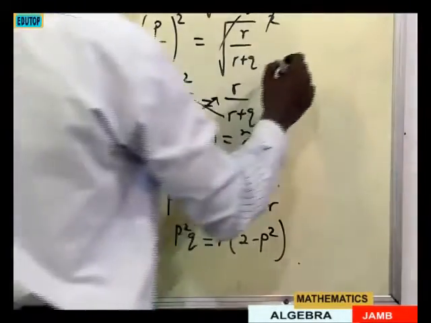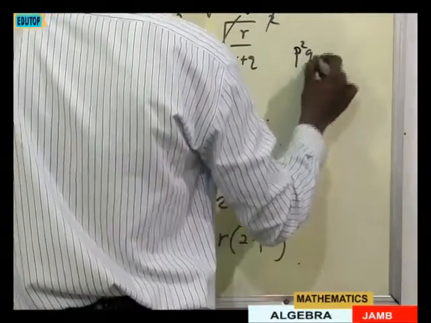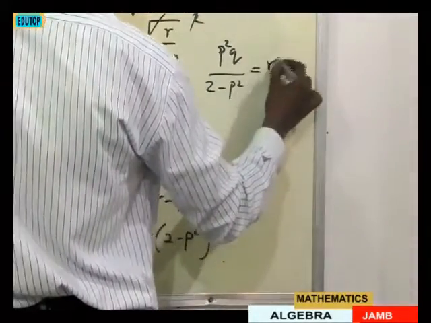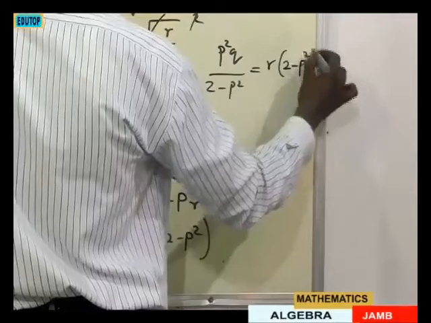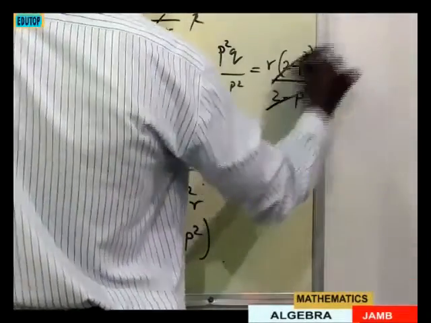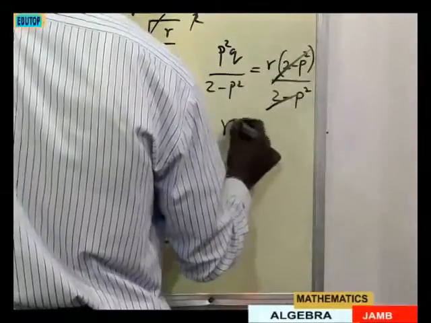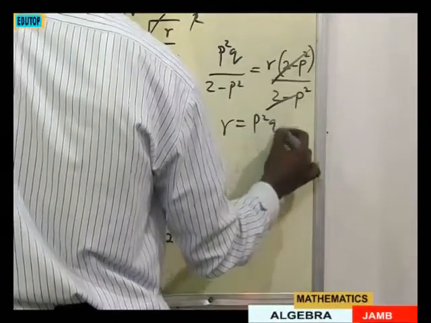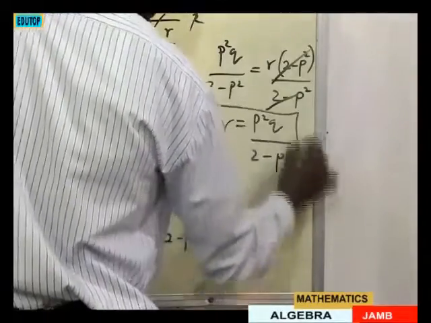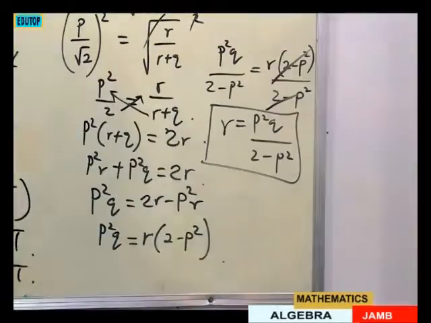By so doing, I will have p squared q divided by 2 minus p squared equals r into 2 minus p squared, also divided by 2 minus p squared. This cancels this, then I will have my r equals p squared q over 2 minus p squared. So I have succeeded in making my r the subject of the formula.